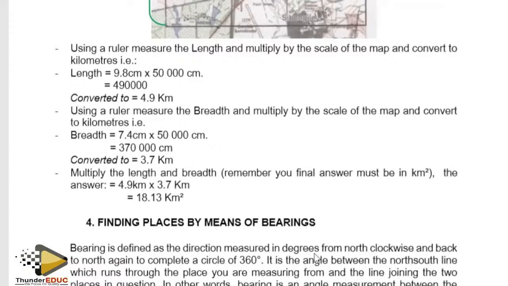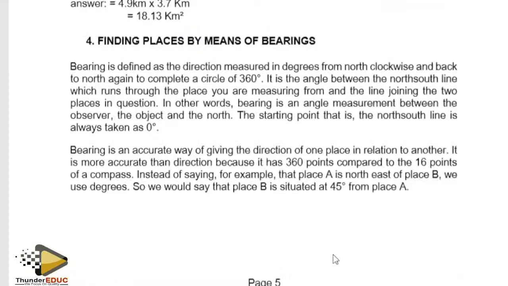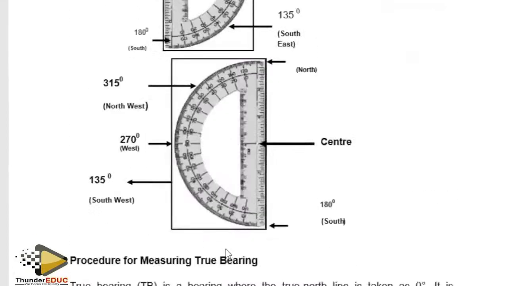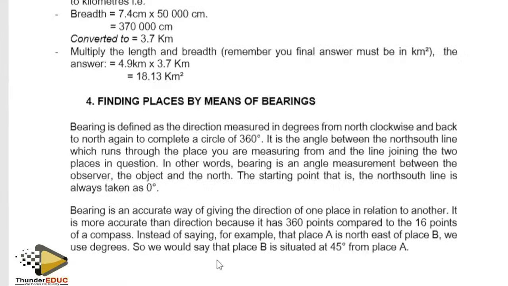In other words, you use degrees, you use angles. We follow the same procedure, but we use what? We use angles. In other words, at times they ask for true bearing and direction, which one is very accurate? You will find out that true bearing is very, very accurate, because it is using angles. Okay.